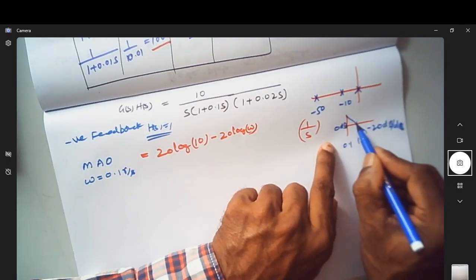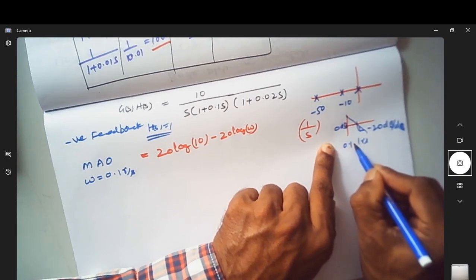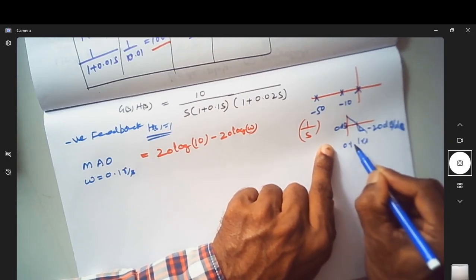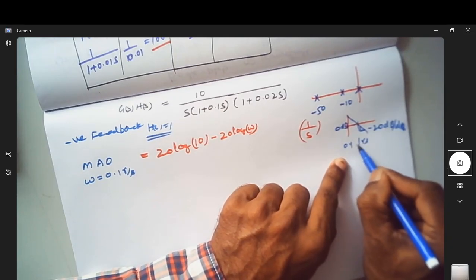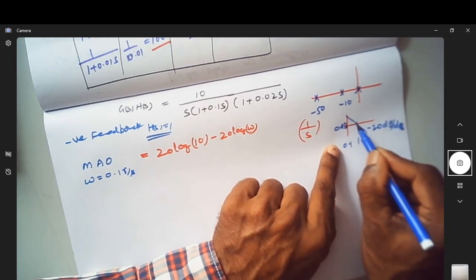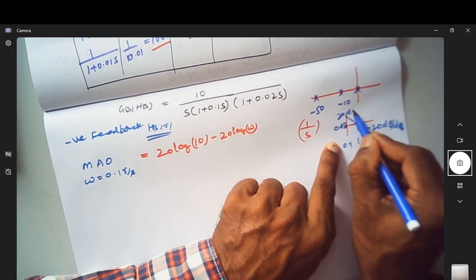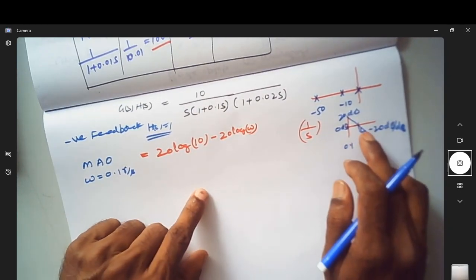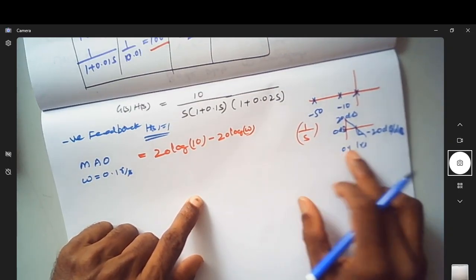At 1 radian per second it is 0 dB, so going 10 times lower, to 0.1, the magnitude increases by 20 dB from 0. So the magnitude of the 1 over S term at omega equal to 0.1 is 20 dB.